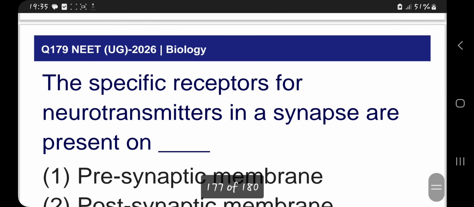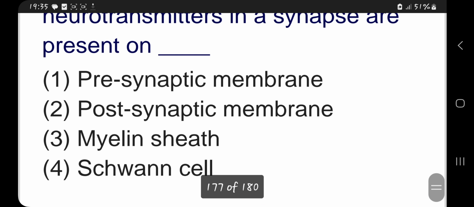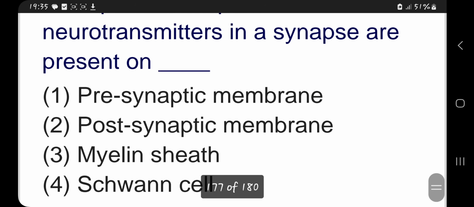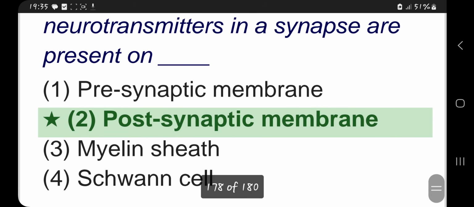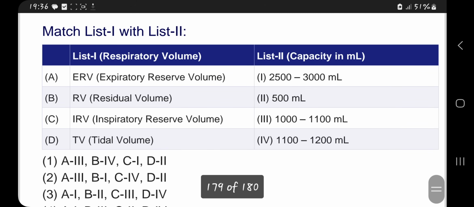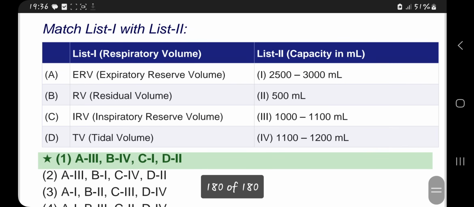The specific receptors for neurotransmitters in a synapse are present on the postsynaptic membrane. Second option. Expiratory reserve volume, residual volume, tidal volume. Tidal volume is 500 ml, D2. So the answer for this would be A3.